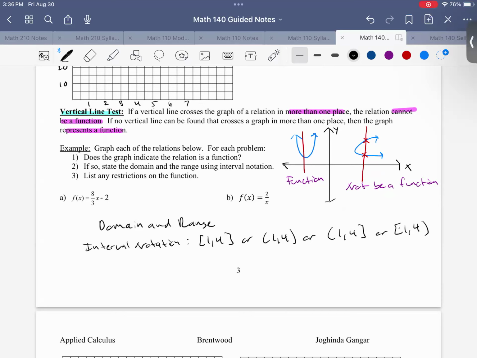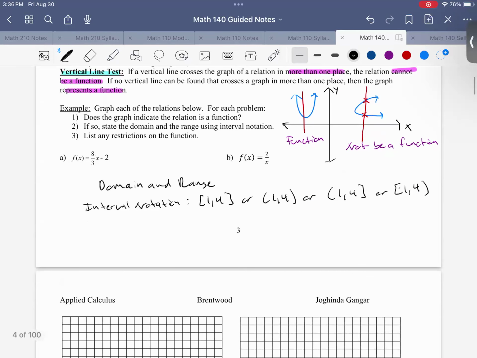It could be these, or it could be something called a union, if you remember that from your algebra. It could be something like 1 to 3 union 3 to 4. That just means there's something going on at 3 where we break off and then come back to it.